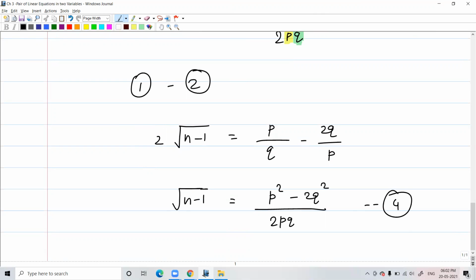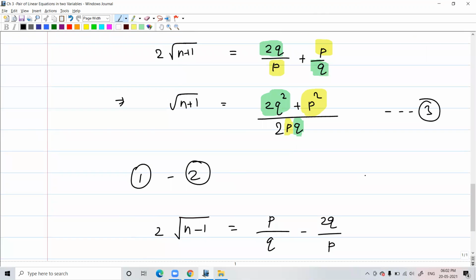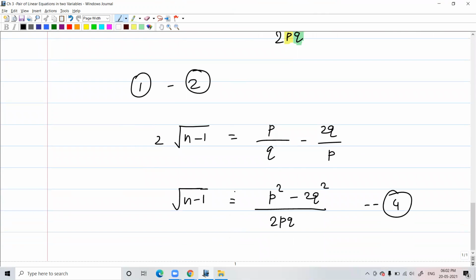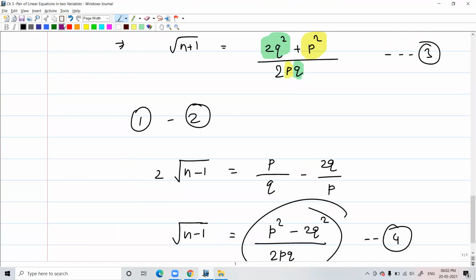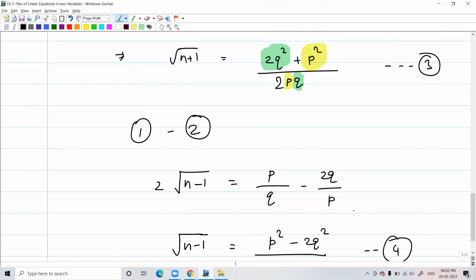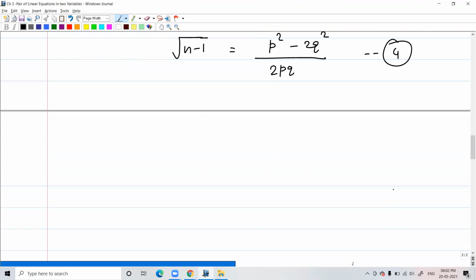Okay, so as you can see, I have found the values of square root of n minus 1 and square root of n plus 1. And I'm seeing that both of them should be rational. Because their RHS is rational, so both of them should be rational according to our assumption. But the contradiction here is that both root of n plus 1 and root of n minus 1 at the same time can never be rational.